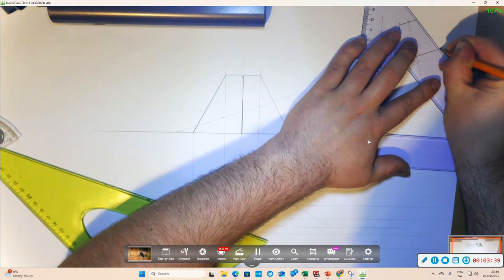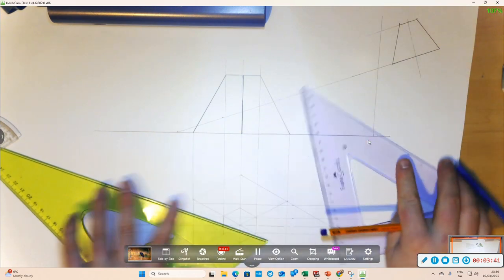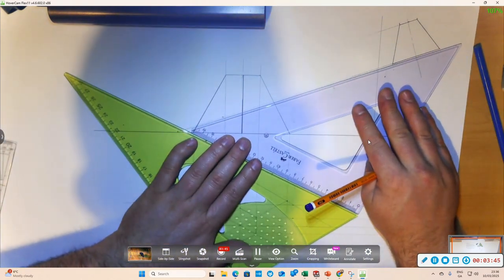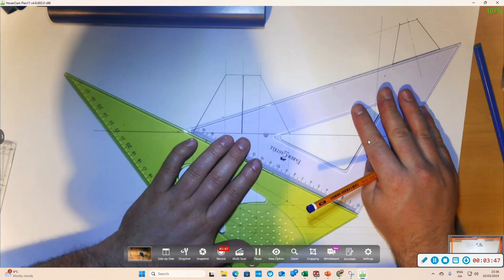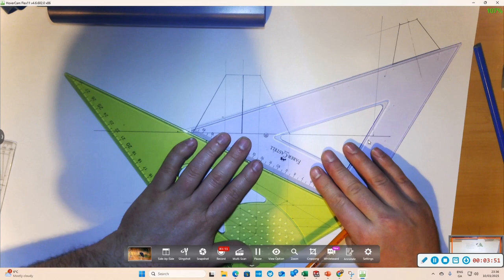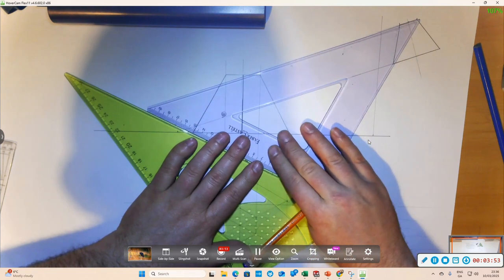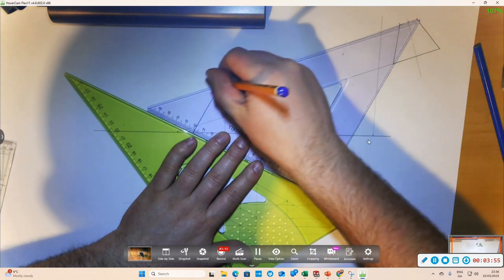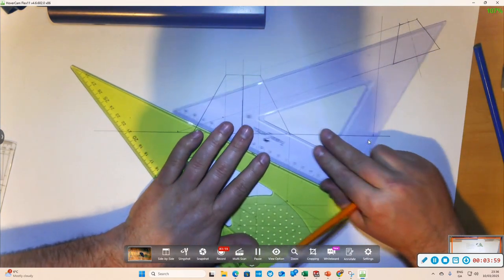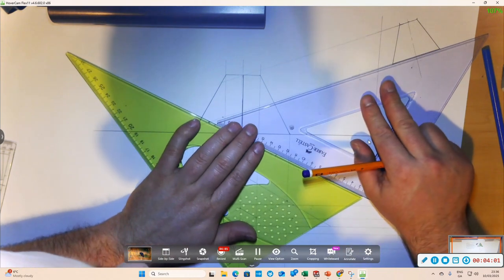Now I'm going to project this back down. That's a tiny bit off, so I'm going to correct that.